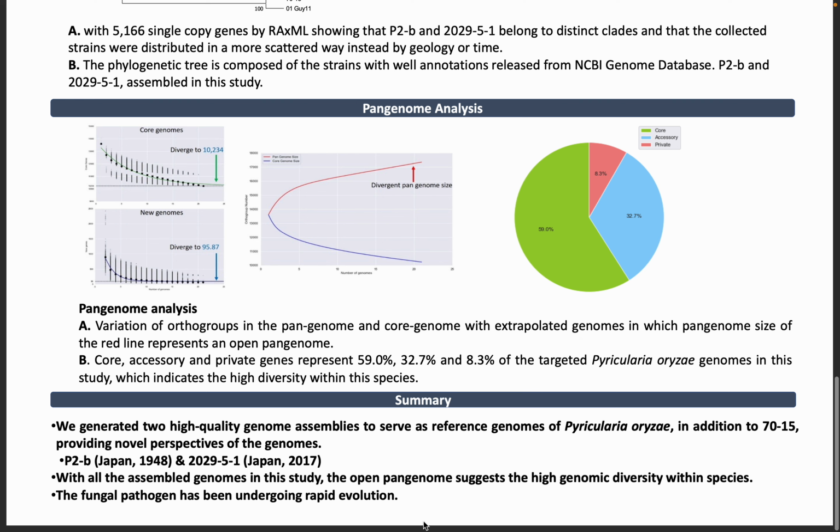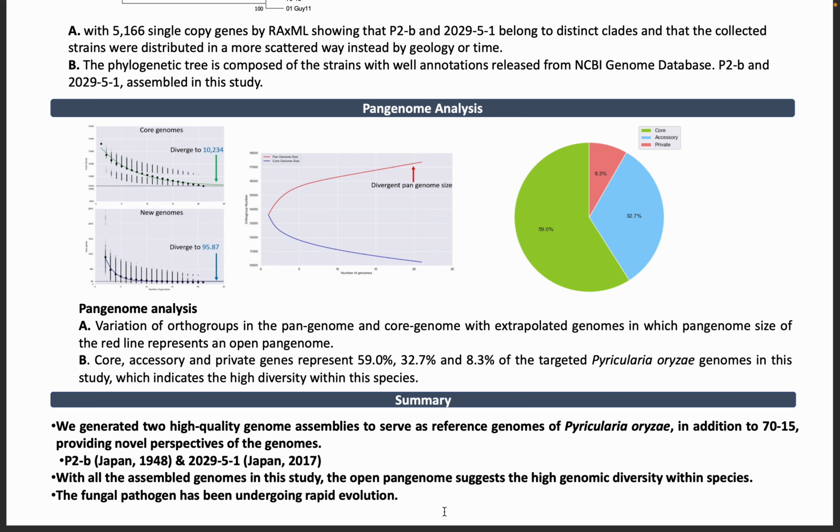So in summary, we generated two high-quality genome assemblies to serve as reference genomes of Pyricularia oryzae, in addition to the original reference genome released in the NCBI database called 1715, which was first released in 2005 by shotgun sequencing.